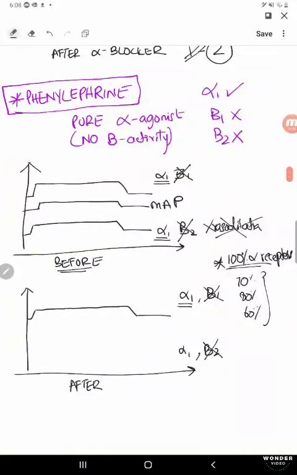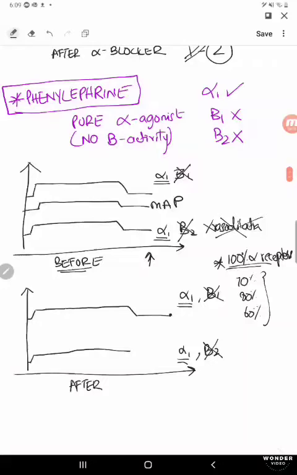It will be less than the one we saw here, but there will still be some increase because of those unblocked alpha 1 receptors, right? Similarly, when we come down to our diastolic blood pressure, there will still be some receptors that would be unblocked, be it 20%, 10%, 5%, how much ever you would like to think, but it will cause some increase in our diastolic blood pressure.